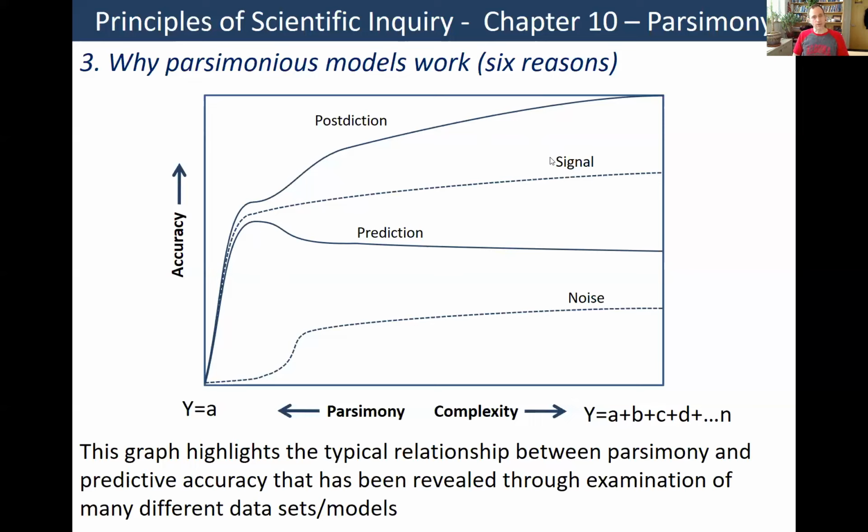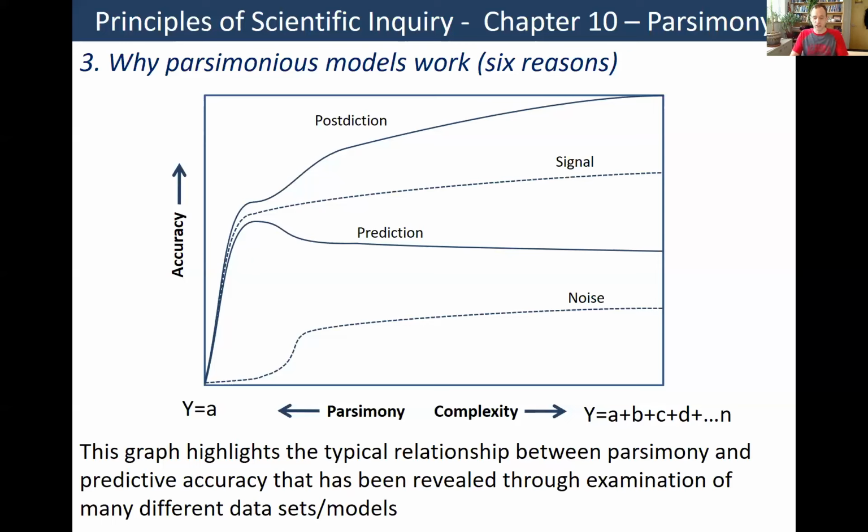Now, what's interesting about that is you might say, well, whether you would prefer a complex or a simple model depends on whether the goal is postdiction or prediction. It tends in science to be that the goal is prediction, right?